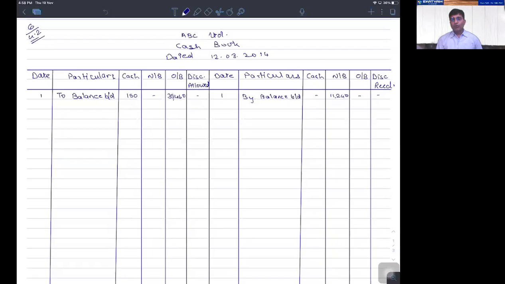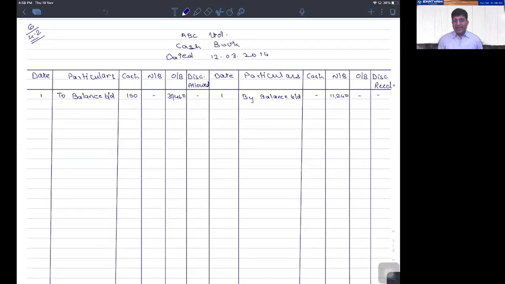So you'll pass the entry as, Omkar, OD's overdraft. Overdraft means credit balance in the bank column or not? Yes or no, Omkar Naik? Yes.